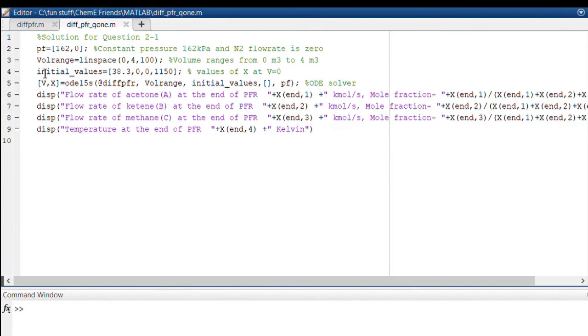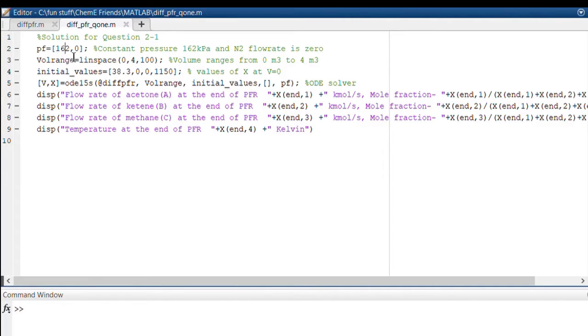So I have already made the solution of the first M file, which is question 2 part 1, and part 1 is arguably the easiest among the three parts. So let's first discuss the easy part of question number 2. We are defining PF as we have discussed while writing the script for the diffpfr M file, which is the function containing the differential equations for the PFR system.